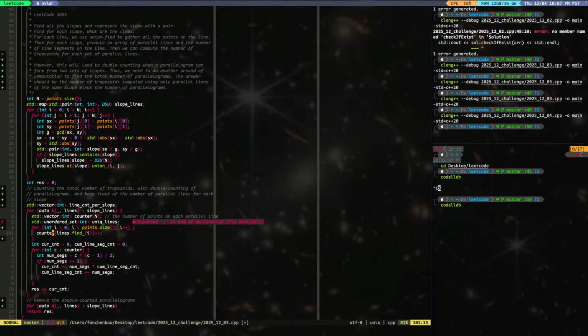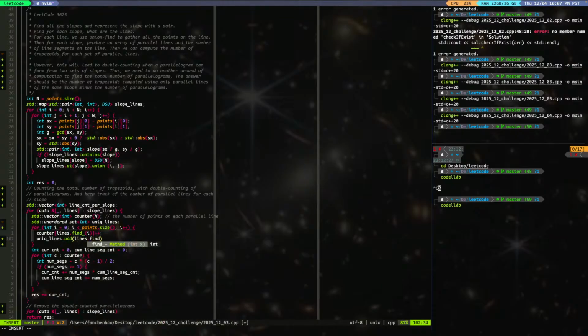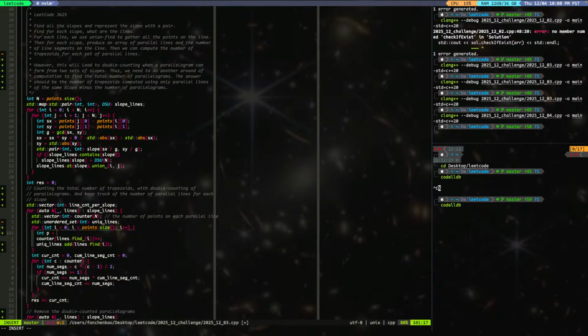So we'll do this and then unique lines dot add lines dot find I. Okay, once we're done, we can say p equal to lines dot find I. Then here we say p, and I'll add p. Push.